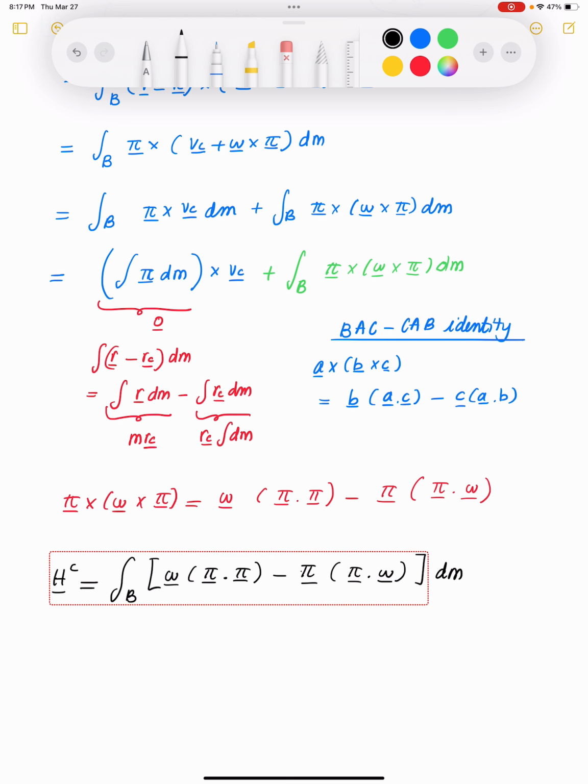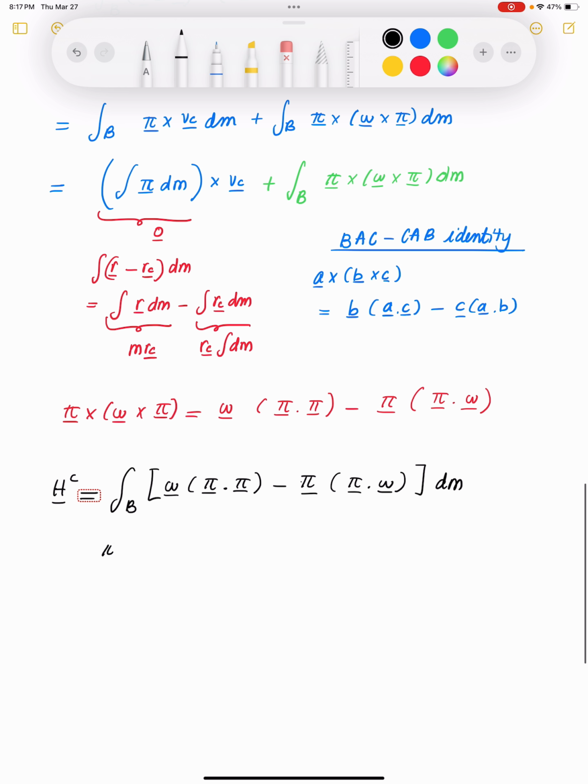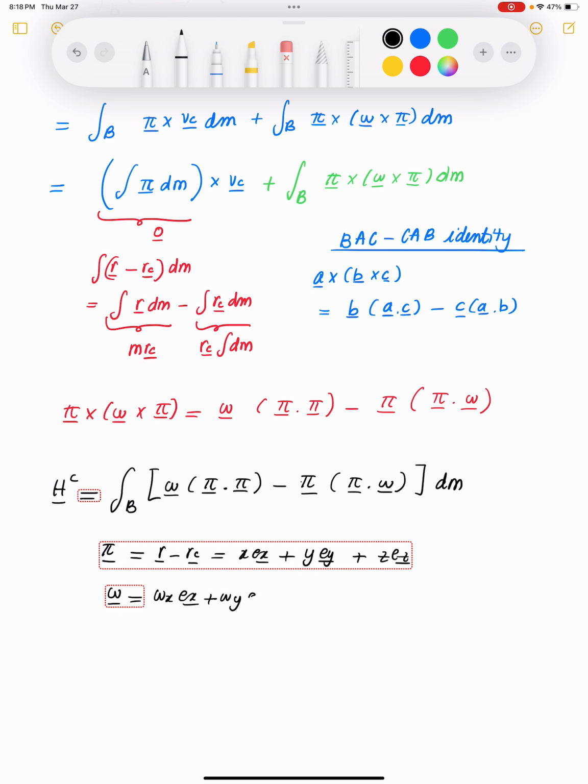Now if I replace, remember, pi by r minus rc, which is equal to x ex plus y ey plus z ez, and omega by omega x ex plus omega y ey plus omega z ez, I'll get the following.